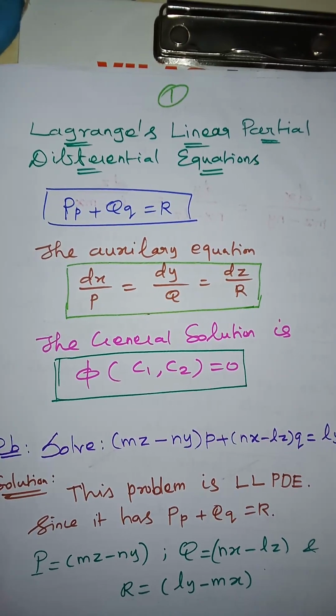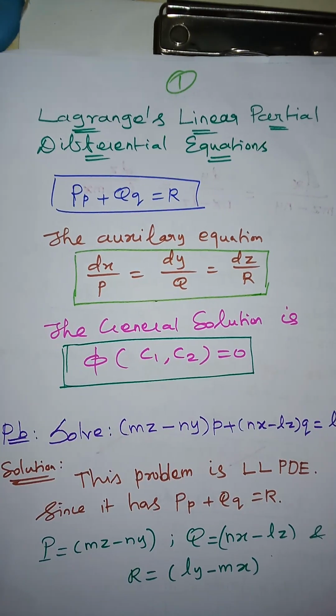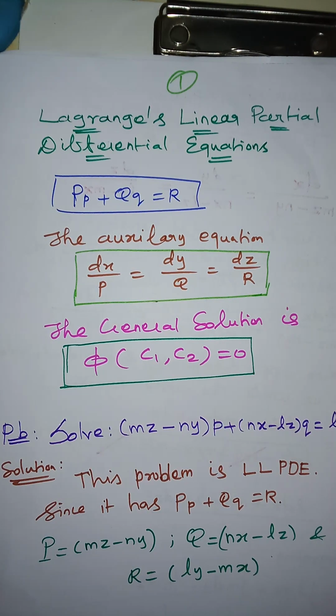Dear students, now we are going to discuss Lagrange's linear partial differential equation from mathematics. Its general structure is capital P small p plus capital Q small q equals R. Its auxiliary equation is dx by capital P equals dy by capital Q equals dz by R. And then the general solution can be written as phi, one of the functions, it may be phi, psi, whatever.